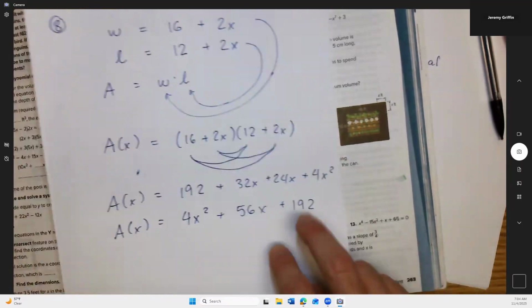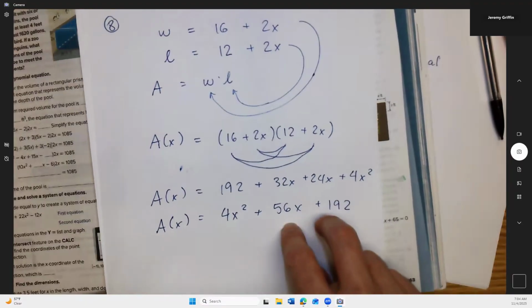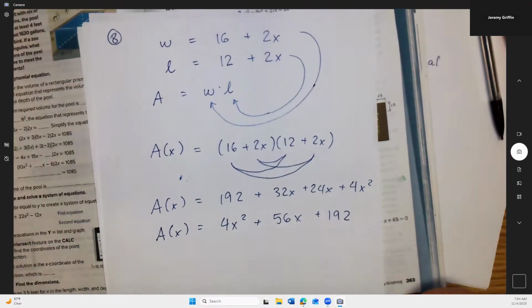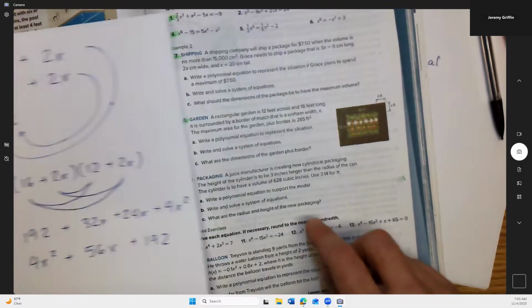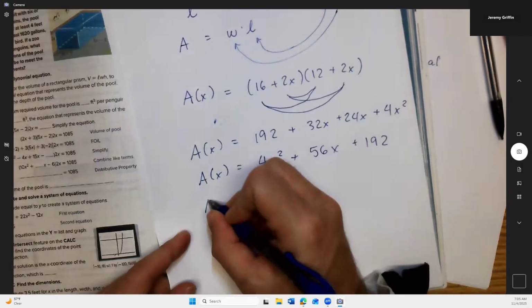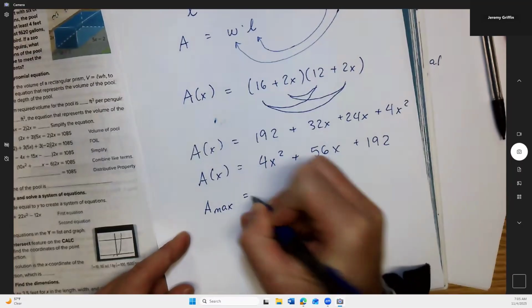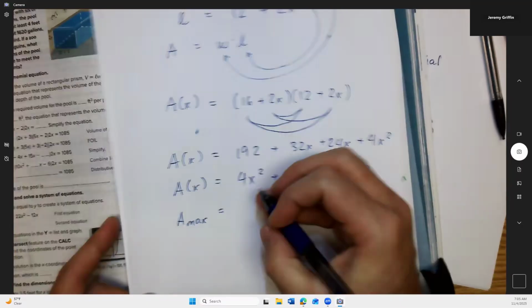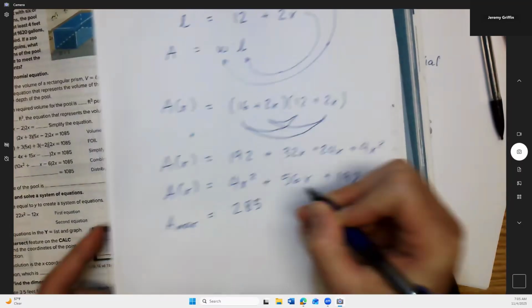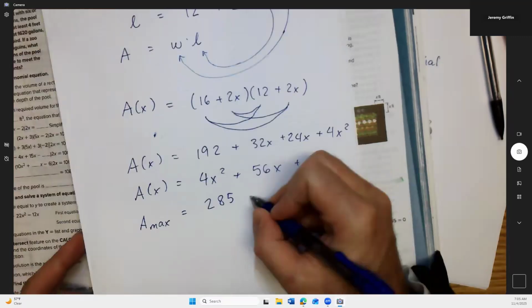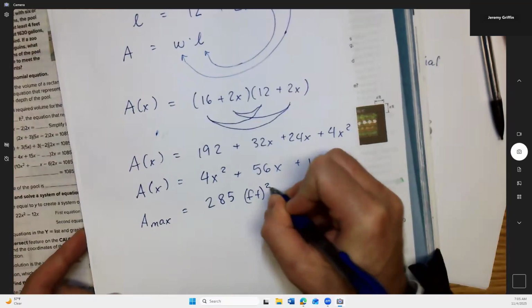Okay, that is the area for any garden. But there is another condition here, which is that A max is equal to 285. Everything's in terms of feet, so area would be in square feet.